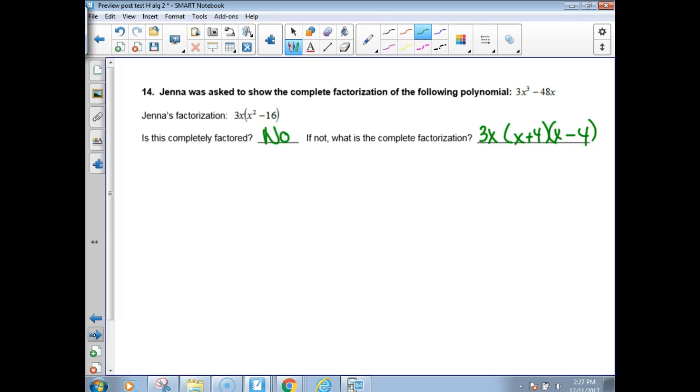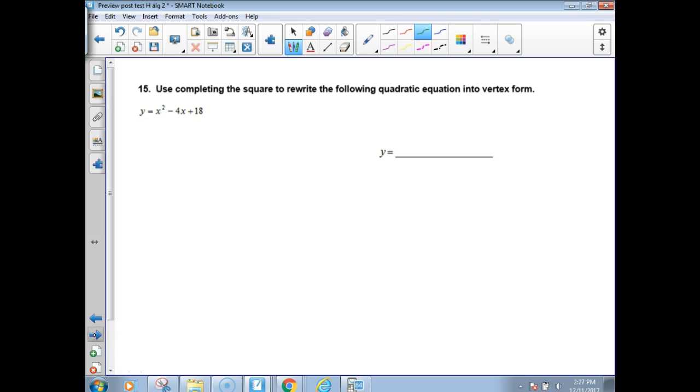And the last one, anybody still need this? Use completing the square to rewrite the following quadratic equation into vertex form. Okay, so completing the square means you want this to be a perfect square trinomial. It's not at the moment, but there's that plus 18. If you're going to add something on the right-hand side, and you're going to complete the square, do everything on the right.